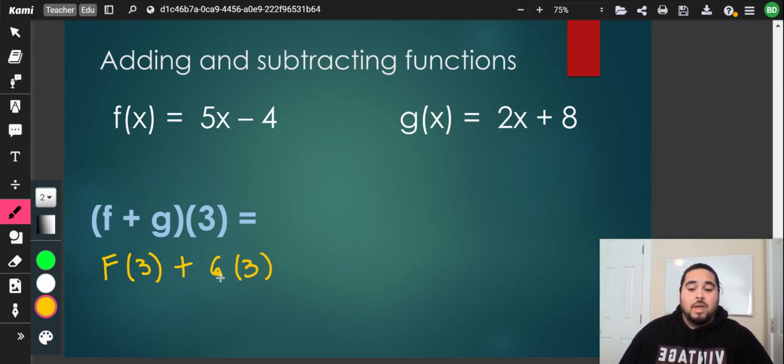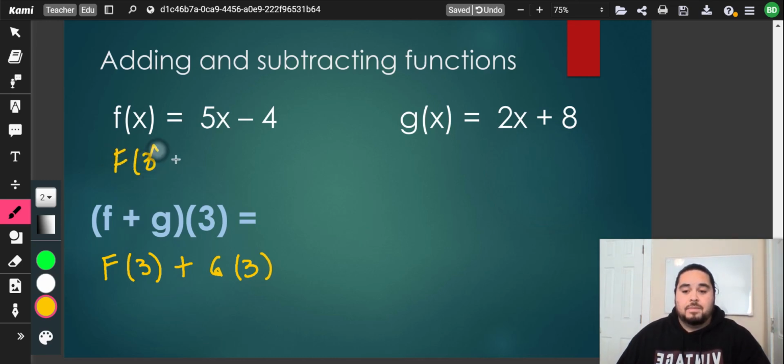Okay, so what we have to do is we have to evaluate each of these f of x and g of x at 3. So if I find f of 3, and that equals, so again, I plug in 3 right here for x. 5 times 3 is 15, minus 4, that's going to give me 11.